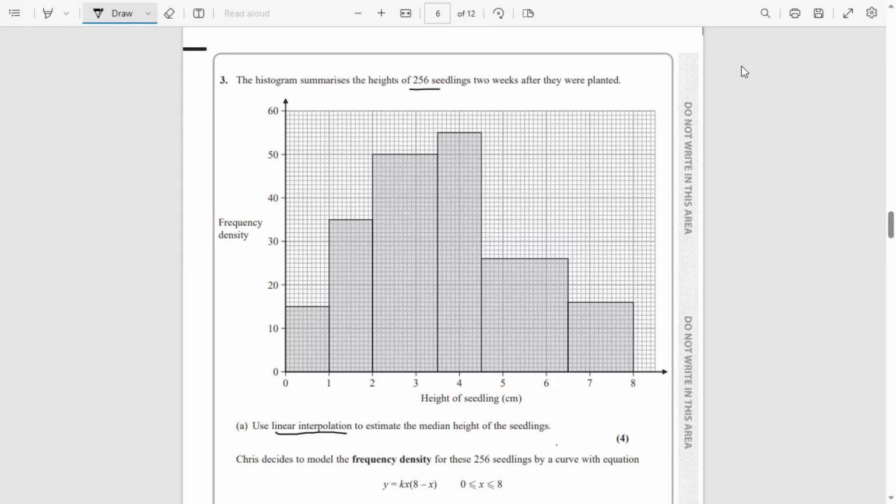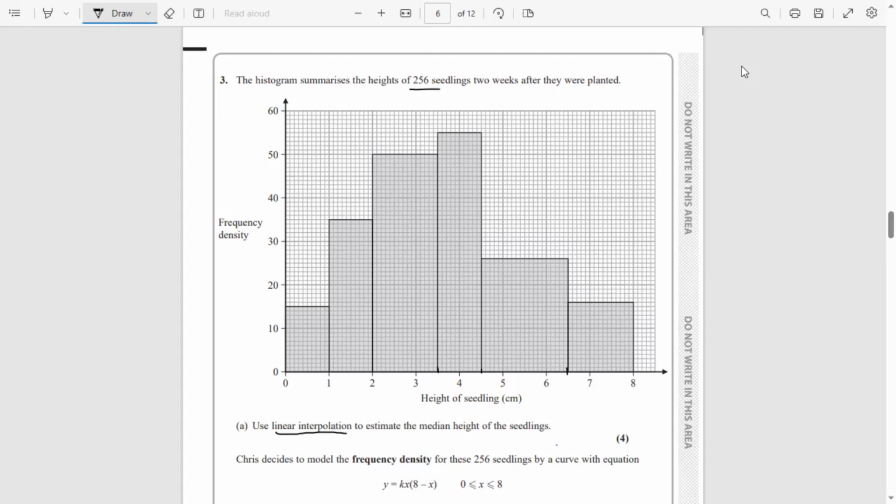All we know is this histogram. We just know that we've got some seedlings between 0 and 1 centimeters, some between 1 and 2, some between 2 and 3.5, some between 3.5 and 4.5, 4.5 and 6.5, and 6.5 and 8. That's all we know, so we're going to have to estimate, and we're using linear interpolation.